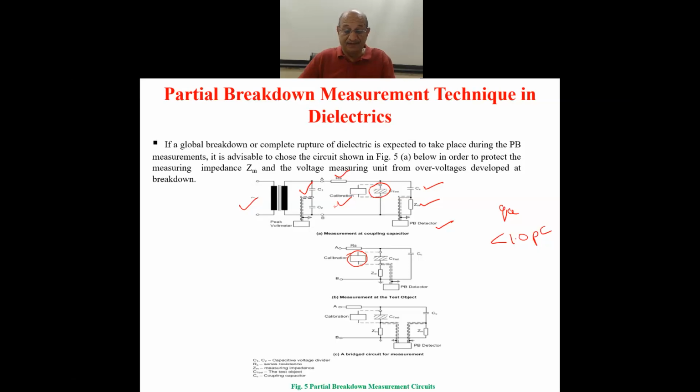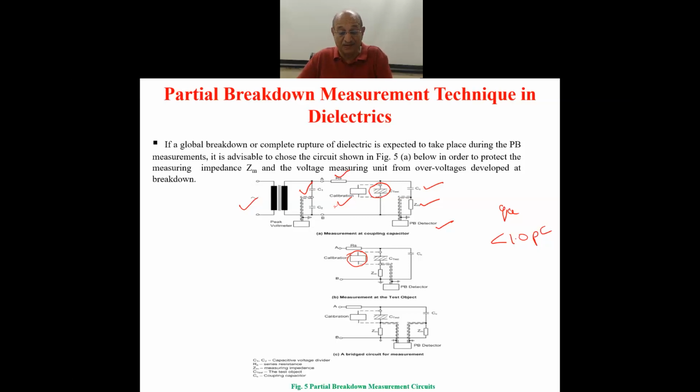In circuit A in the figure, in order to protect the measuring impedance Zm and the voltage measuring unit from the over voltages developed at breakdown, we choose the connection in this way.